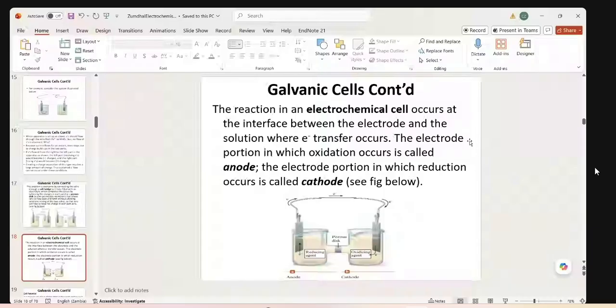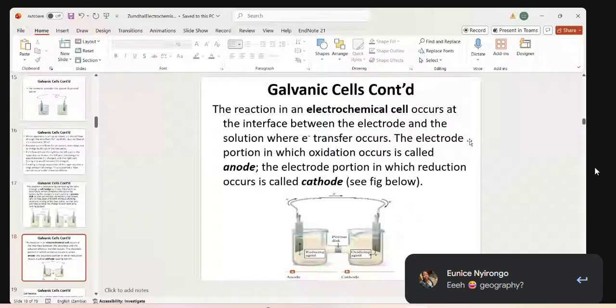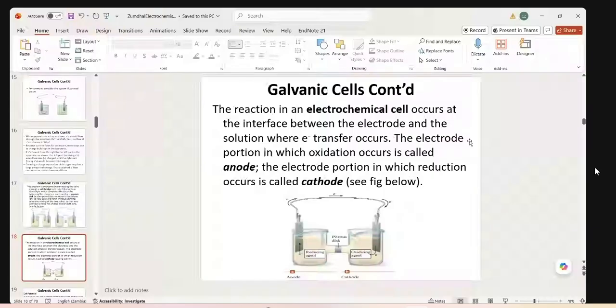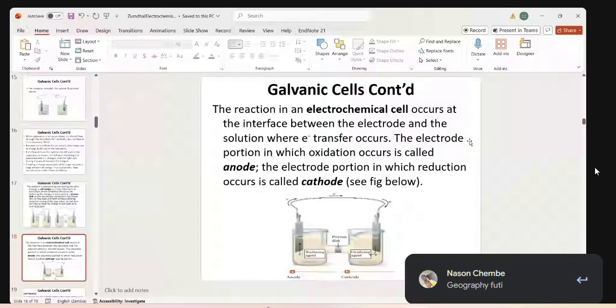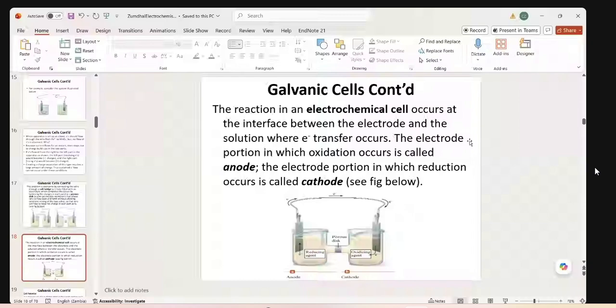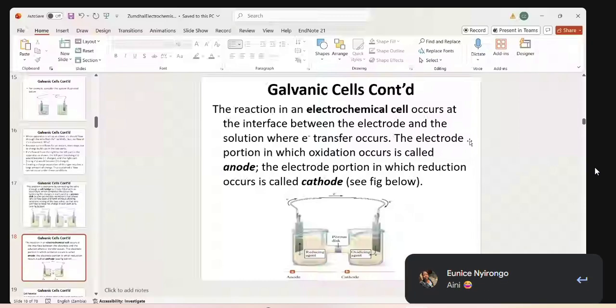So what they did was they got hydrogen and assigned it a reduction potential of 0.00 volts. And then they measured the reduction potential of all the other elements with reference to the hydrogen reduction potential.